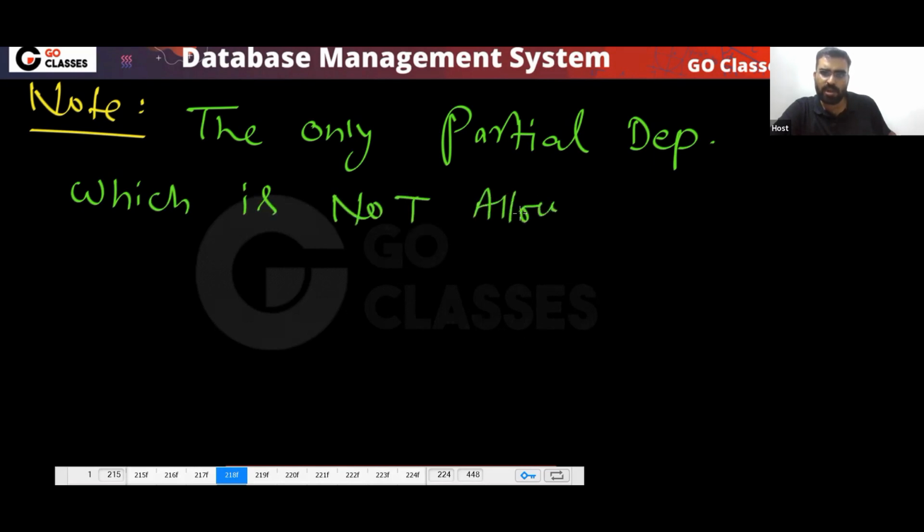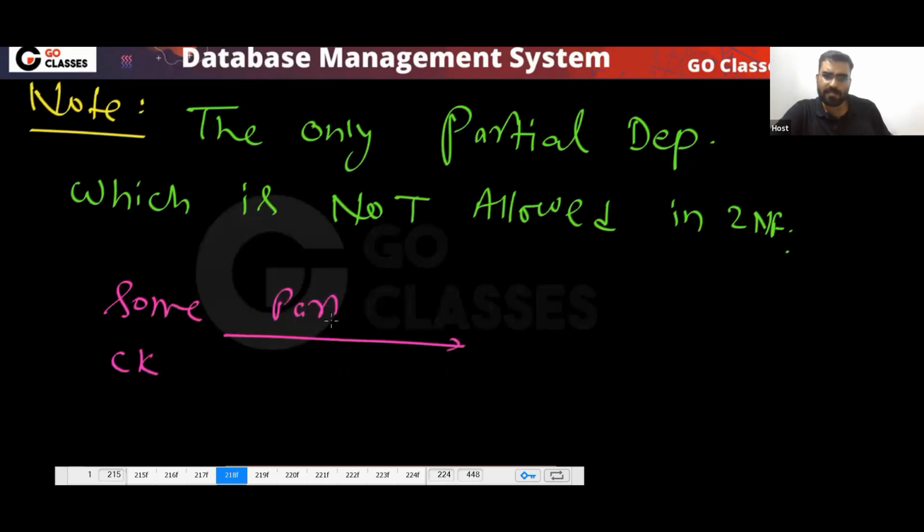It is the one where some candidate key partially determines some non-prime attribute.